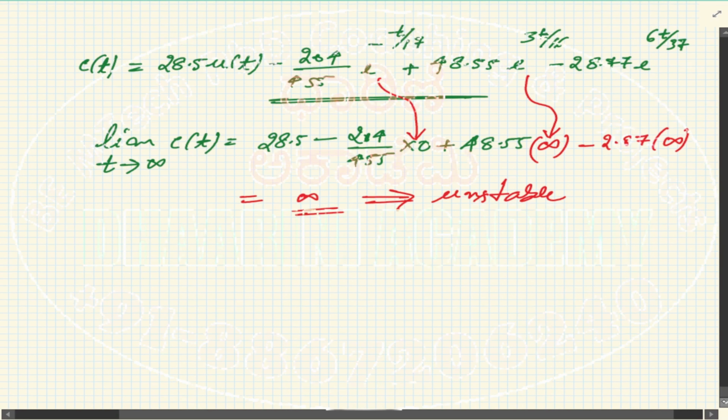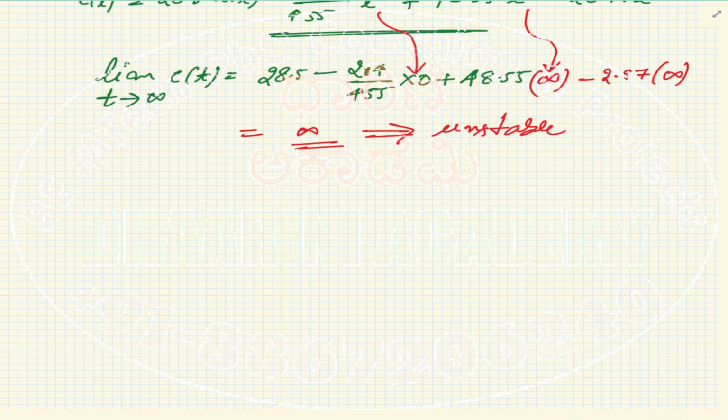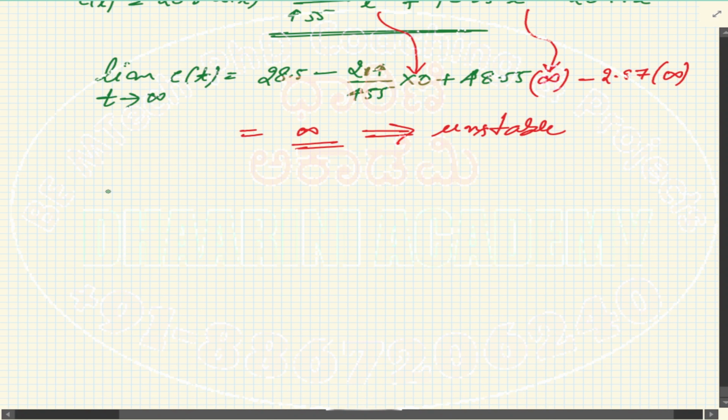Either we write a graph, otherwise we calculate the first few values. So let's do a very small exercise to understand this. This is our intention. I'll put a time here. The previous answer I'm going to call C1 of t, and the current C of t I'll call C2 of t.